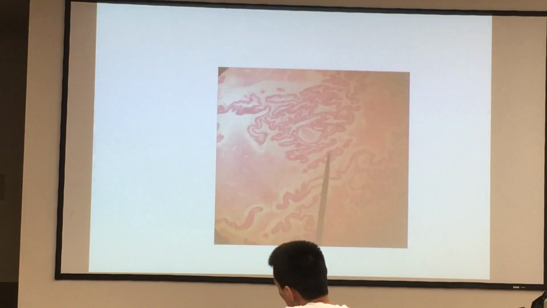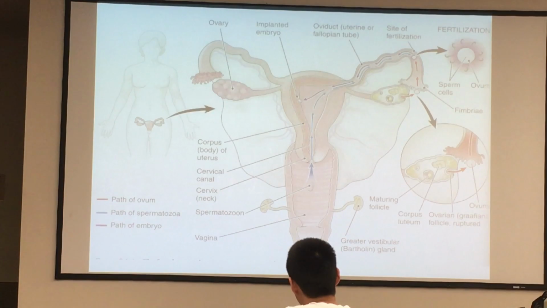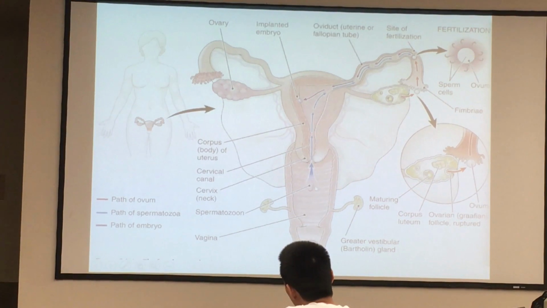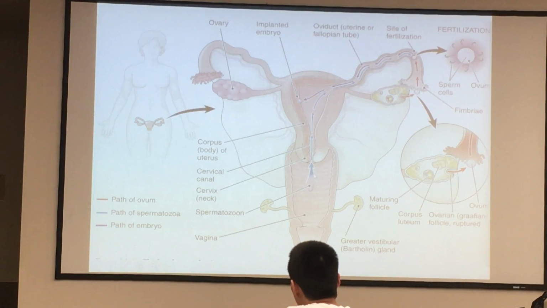Why do we have this kind of trouble? Let me show you. Here, from another textbook, this is a female uterus and vagina. And here is the opening. During sexual activity, the penis will insert here and sperm will be ejected.